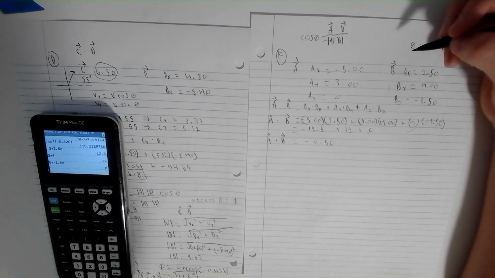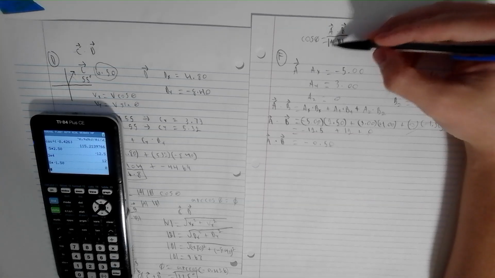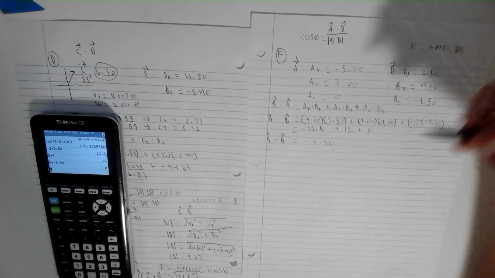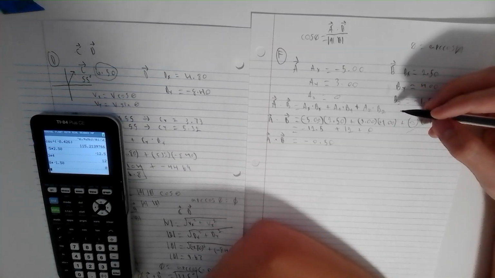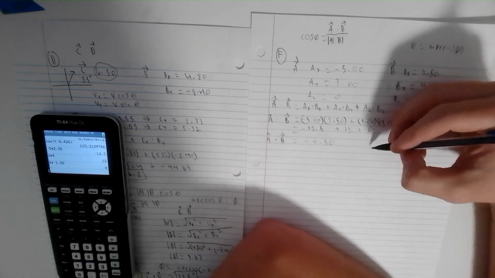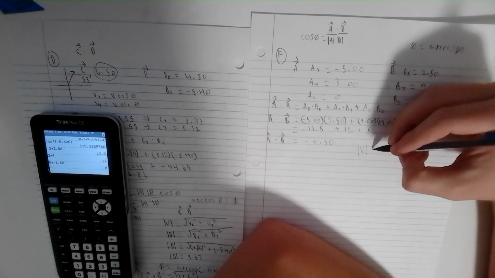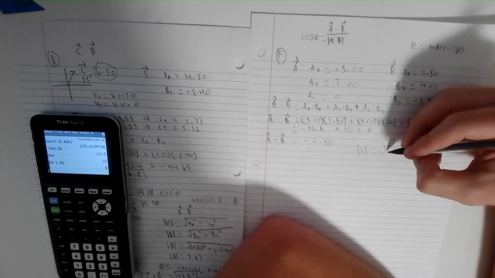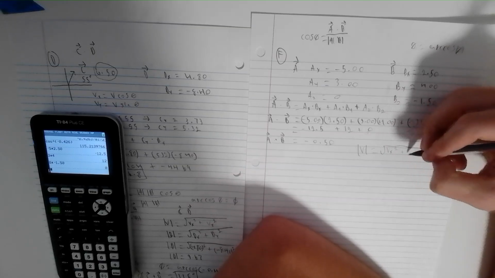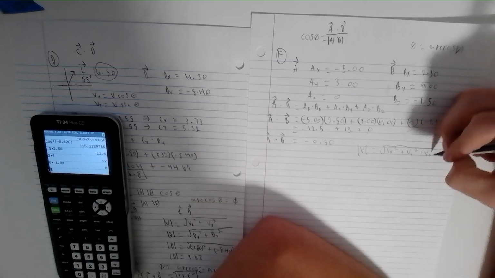The next thing would be to find the magnitudes. So now we just need the magnitude of A and the magnitude of B. Remember the equation for magnitude: the magnitude of a vector equals the square root of the components Vx squared plus Vy squared plus now Vz squared.